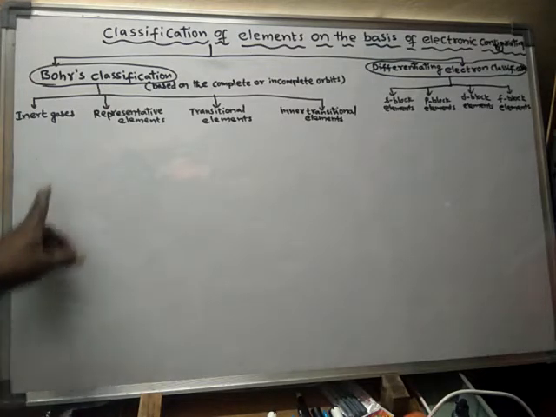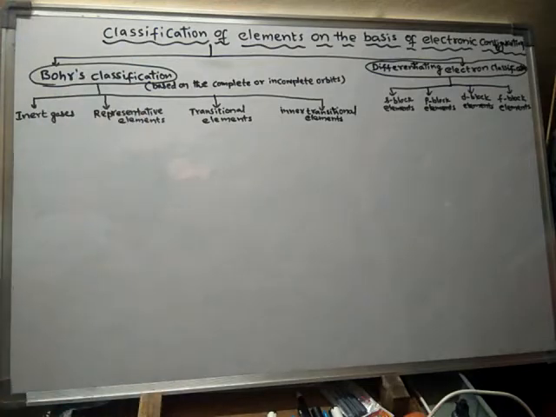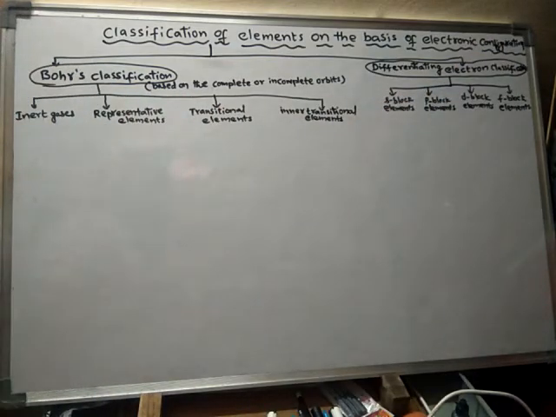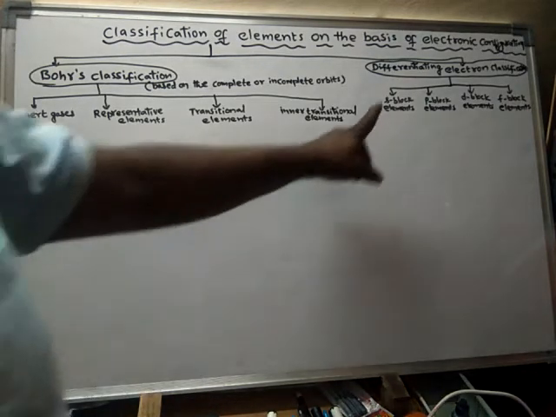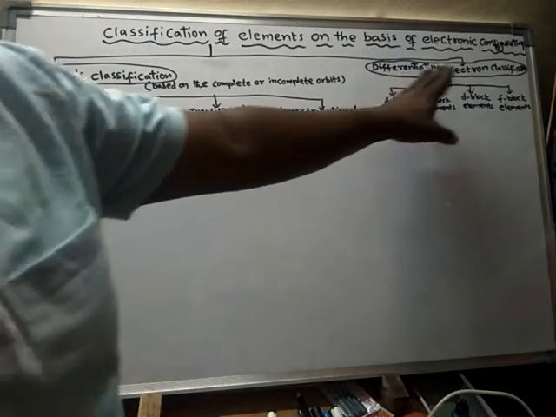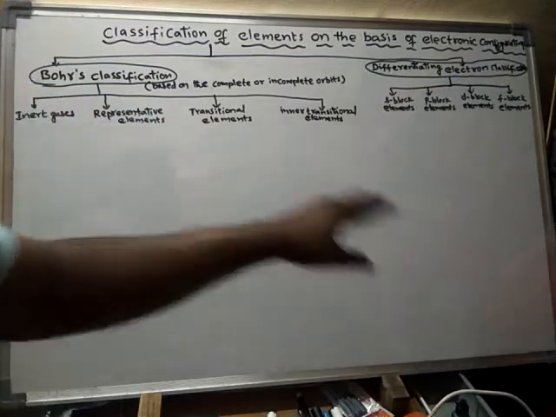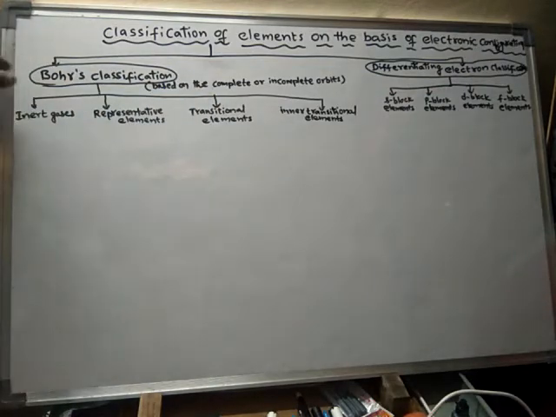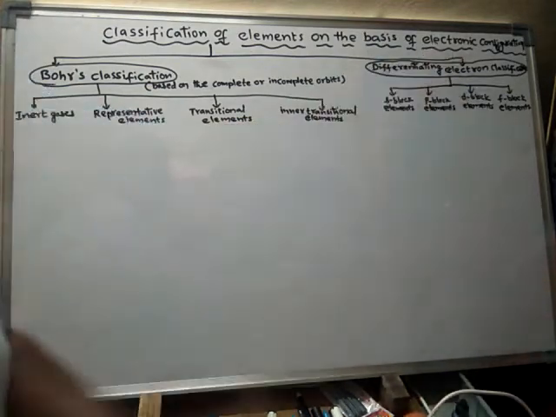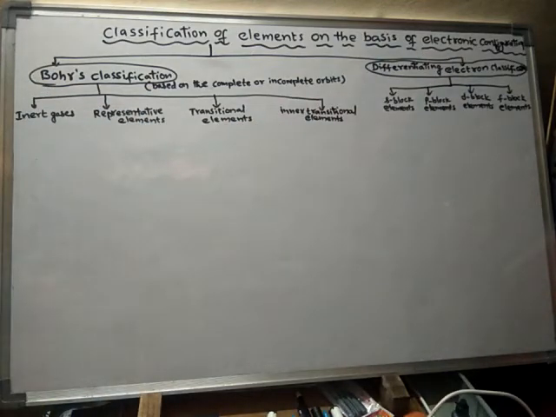Differentiating electron classification is based on the last entered electron into an atom. We will learn about differentiating electron classification later. For the time being, we will go with Bohr's classification. After completion of this one, we will learn about differentiating electron classification.